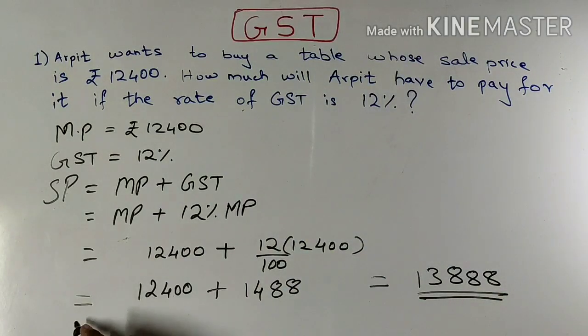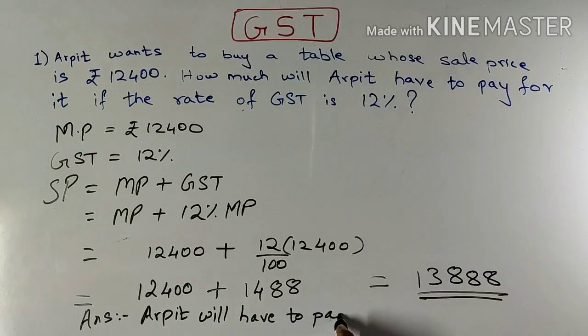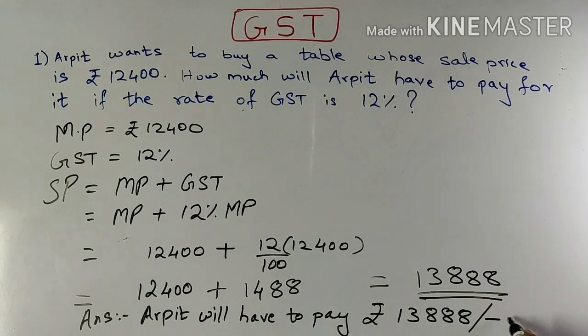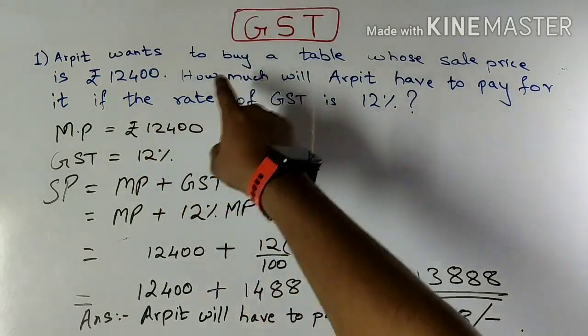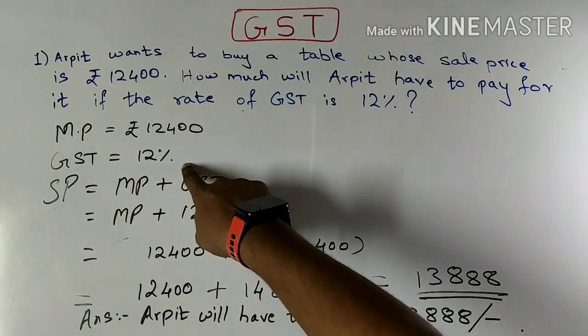So final answer will be the statement: Arpit will have to pay rupees 13,888 to purchase the table. I hope you understood. I'll just revisit. Marked price is given of the table. GST applied on the marked price is given.